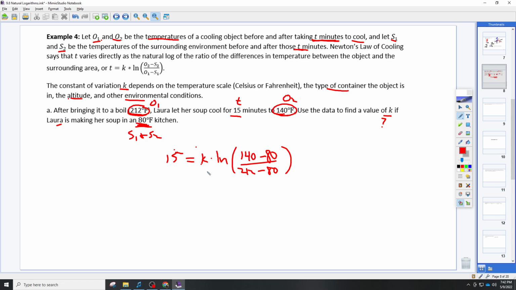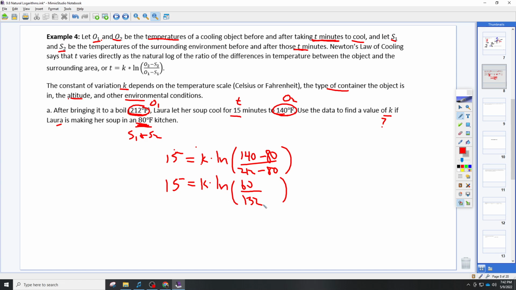So our goal is to solve for K. Alrighty, it's not going to be too bad. So I'm going to keep this 15 equals K times. We can do this part in the calculator. I'm just going to simplify a little bit further. We'll do ln 140 minus 80, that's 60, over 212 minus 80. What would that be? 132?